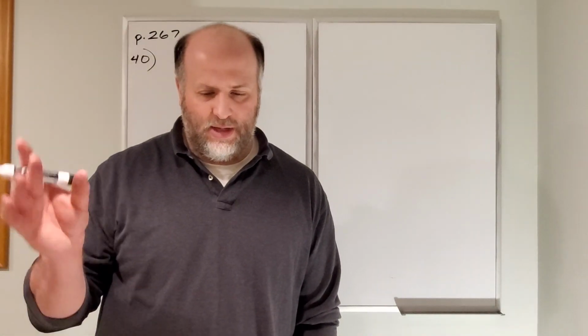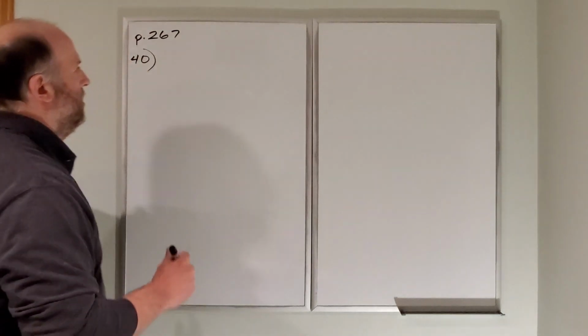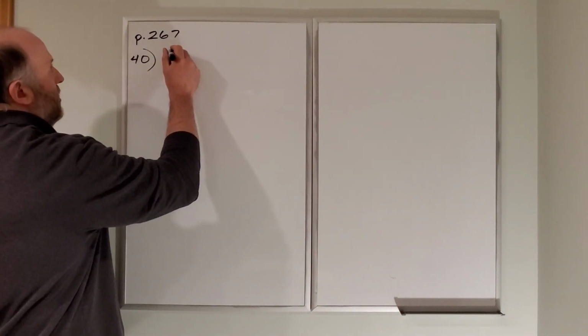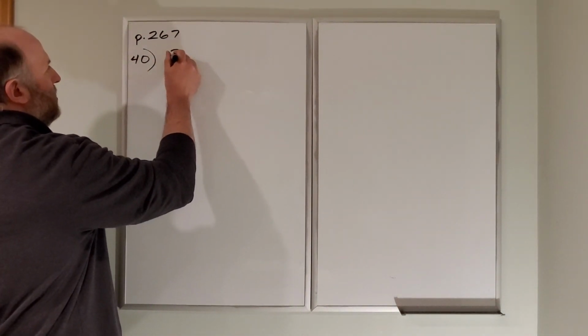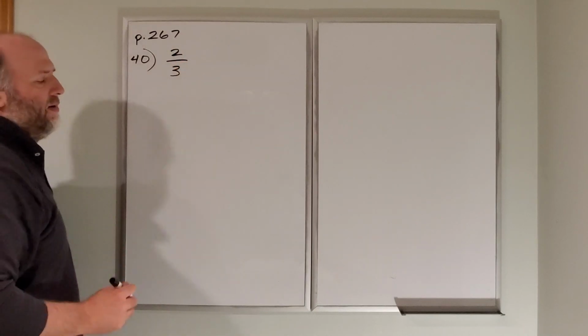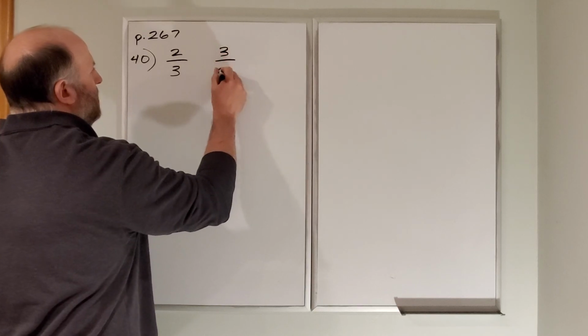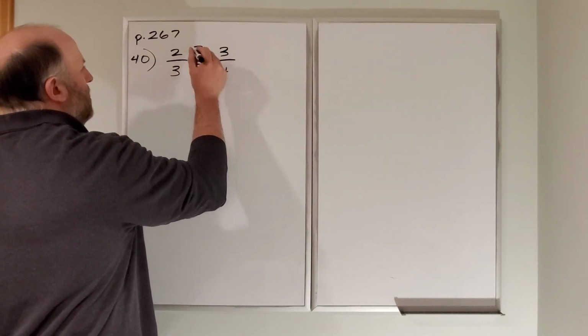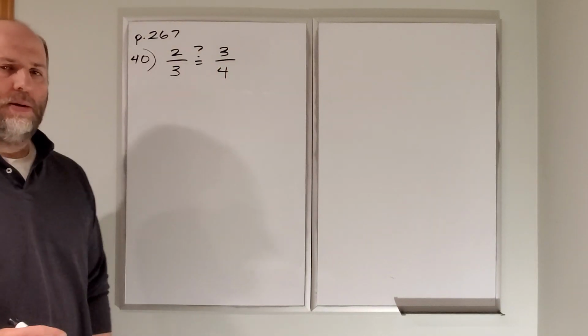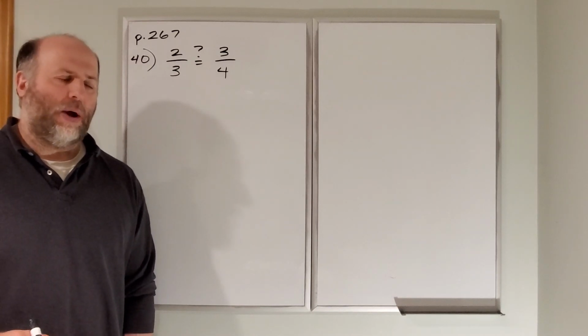What they do is they give you one ratio in this case, where you have 2 out of 3 parcels. And then they give you another ratio, 3 out of 4 parcels. They want to know, are these things giving you the same amount of land?